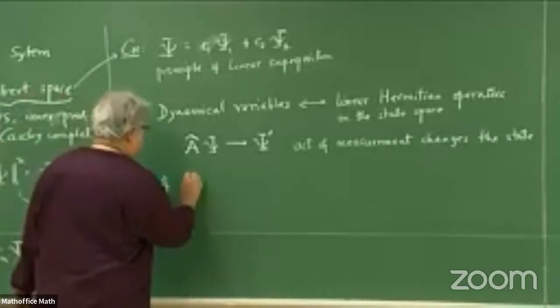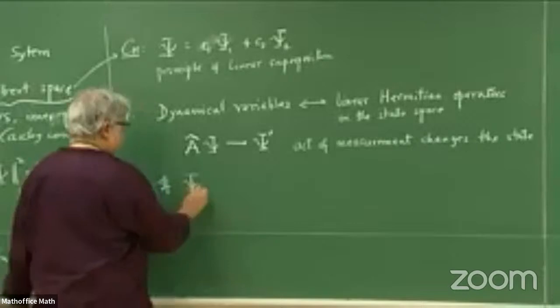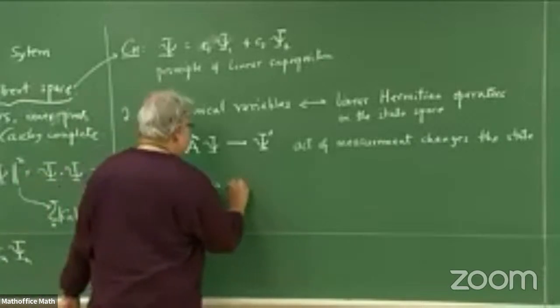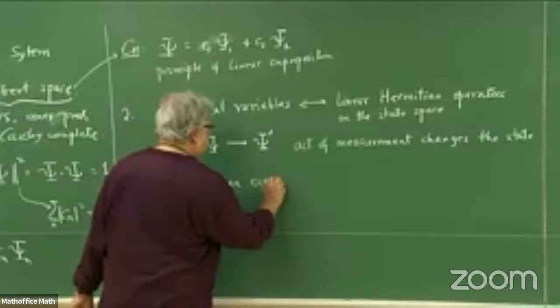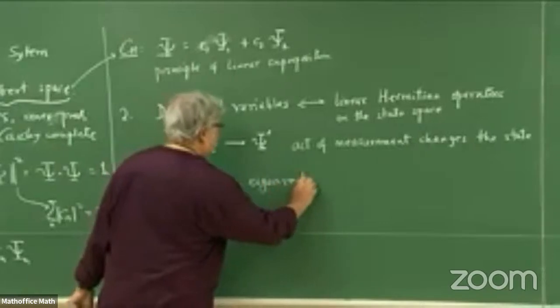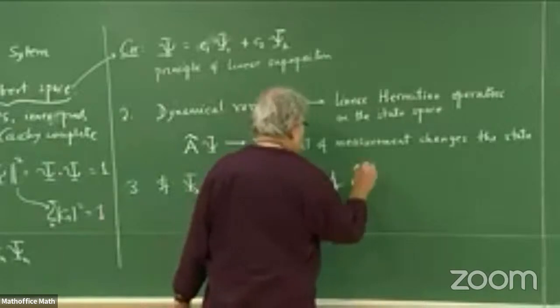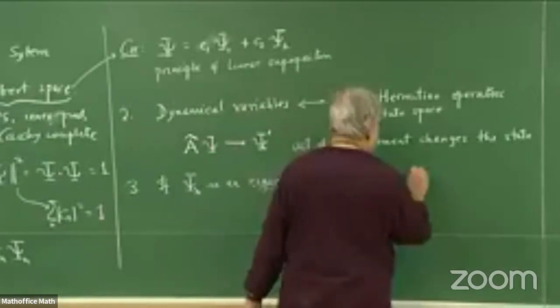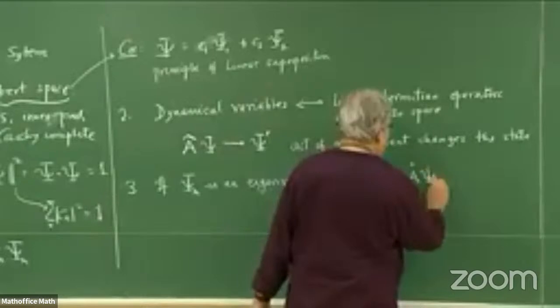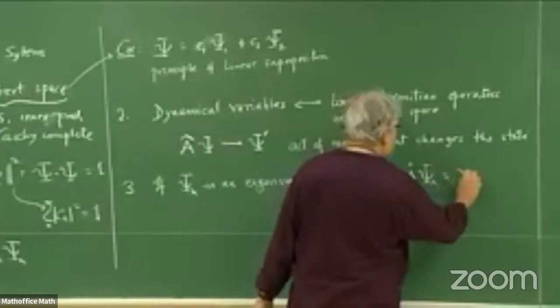if psi lambda, I'll call it, is an eigenvector of A. Now, of course, we all know what that means. It means that A on psi lambda gives you some number lambda times psi lambda.